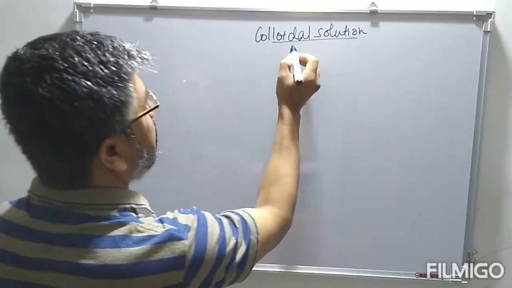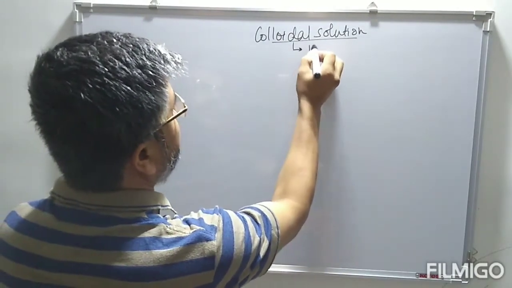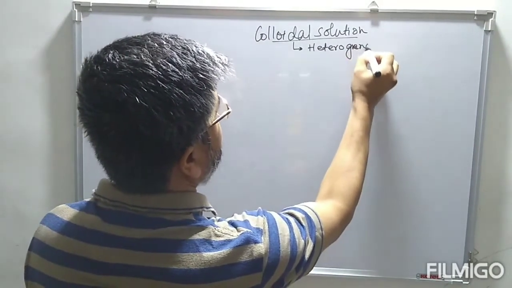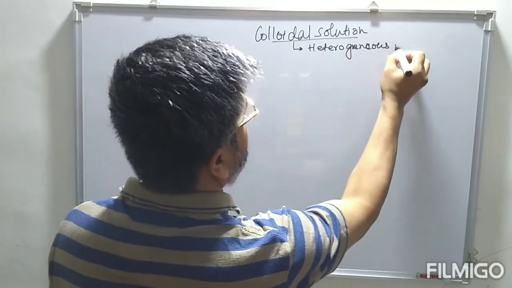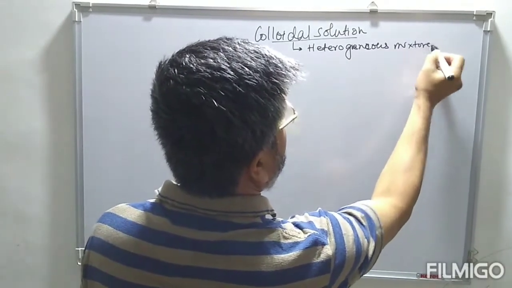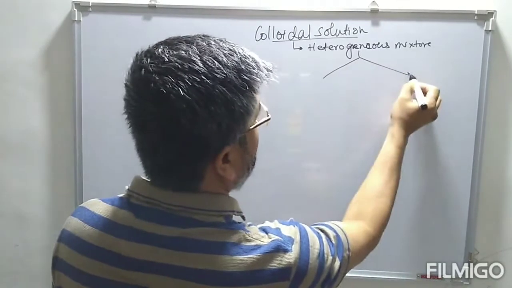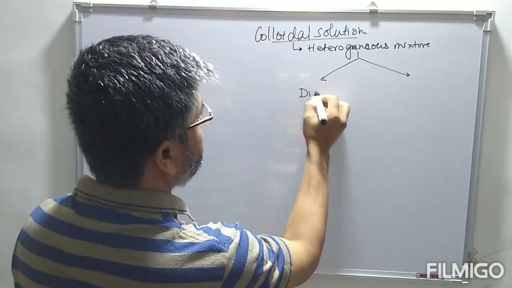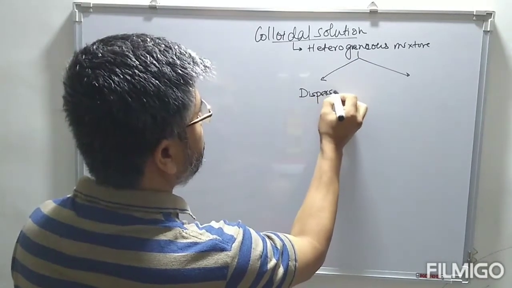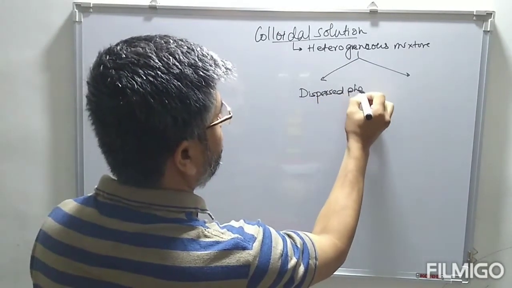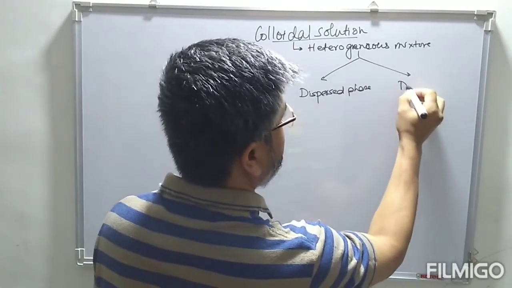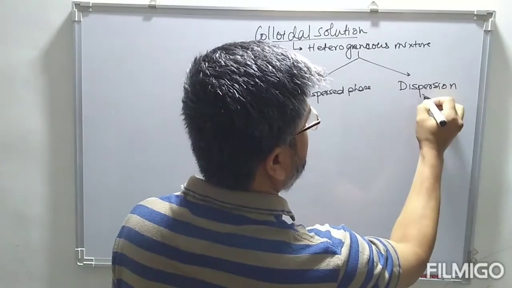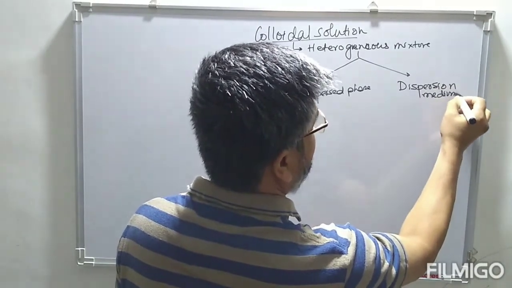The first thing is, this colloidal solution is a heterogeneous mixture which consists of two components. One is known as the dispersed phase, the other one is known as the dispersion medium.